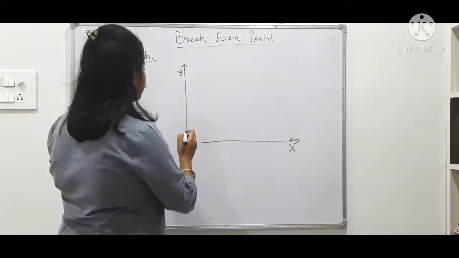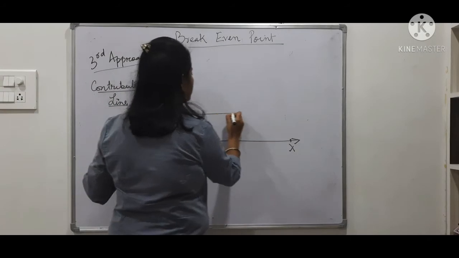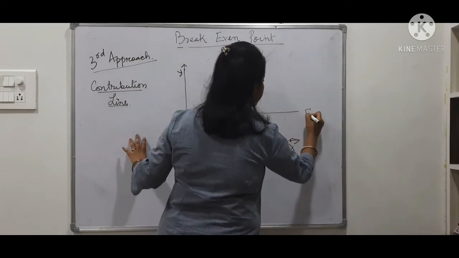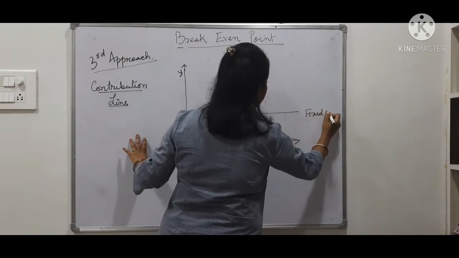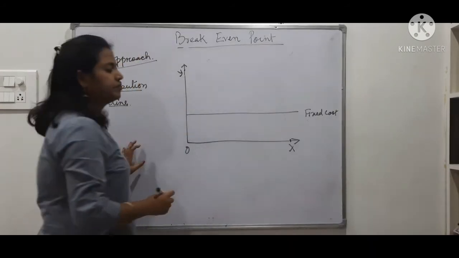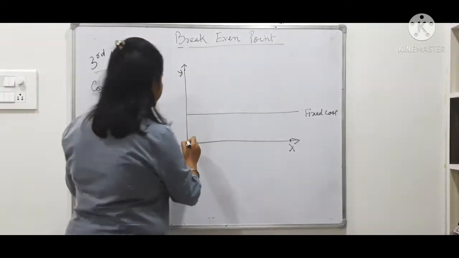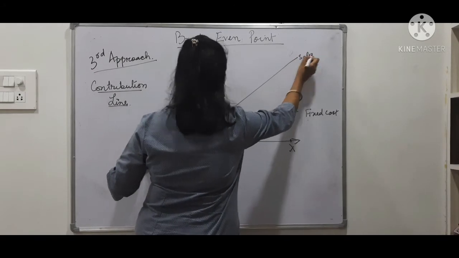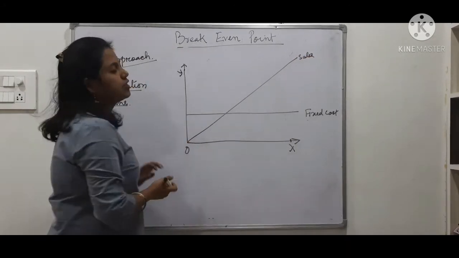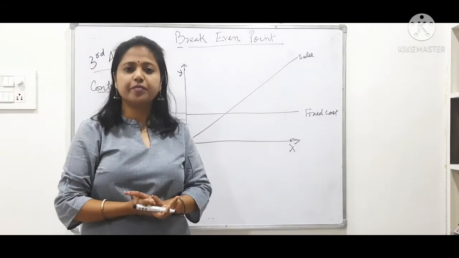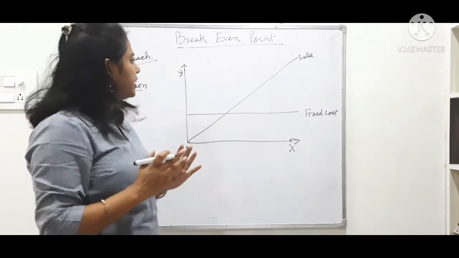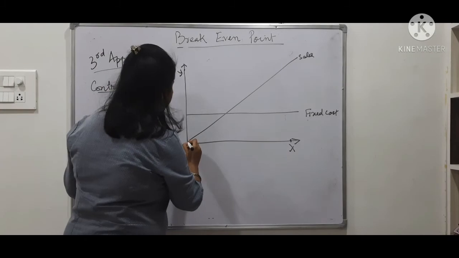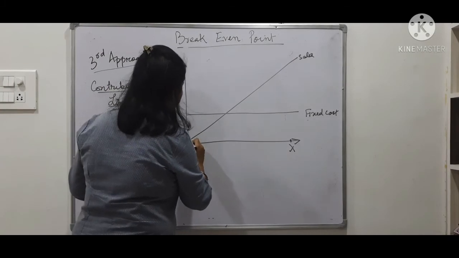I'm going to plot the fixed cost. As you know, fixed cost will be a horizontal straight line. So I'm writing here fixed cost. As usual, I will draw my sales, which will start from 0. Now I will draw a contribution line.